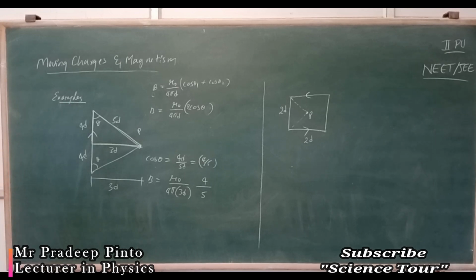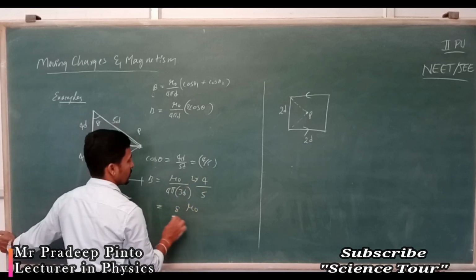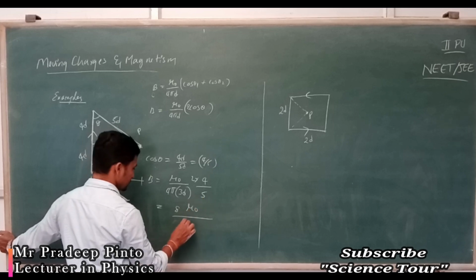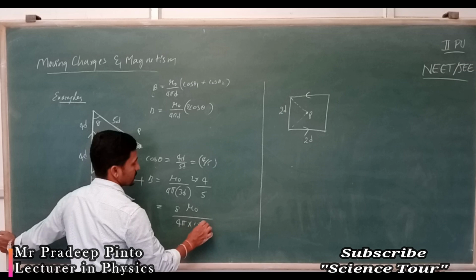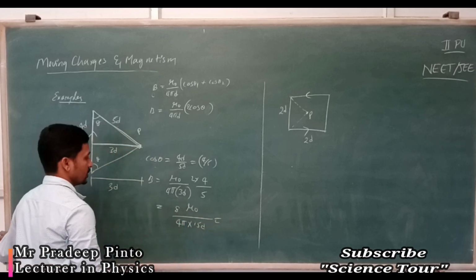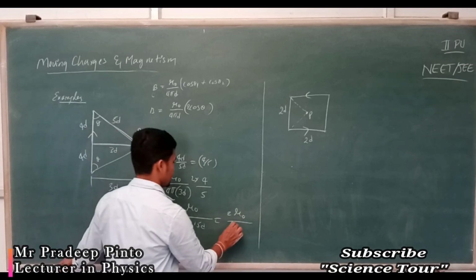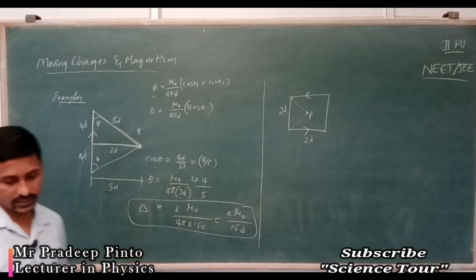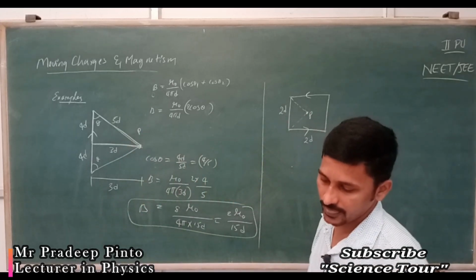So I am going to get 8 mu naught divided by 4 pi into 15d, so 2 mu naught divided by 15d. That is the magnetic field value we have got.